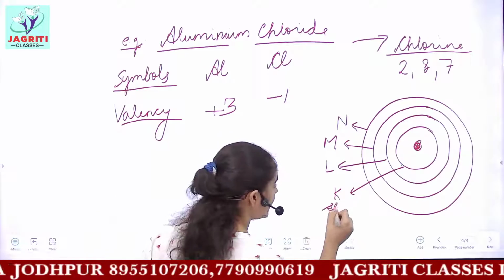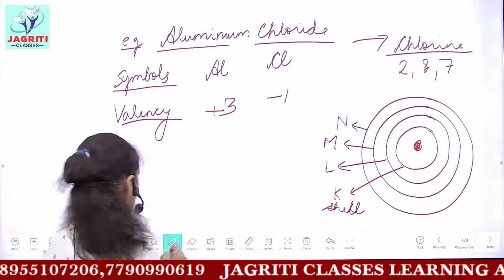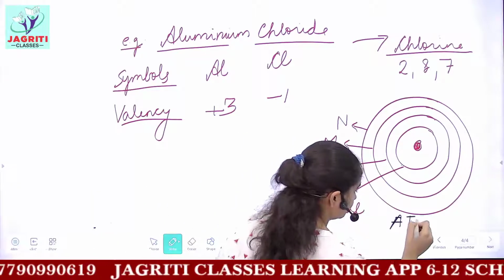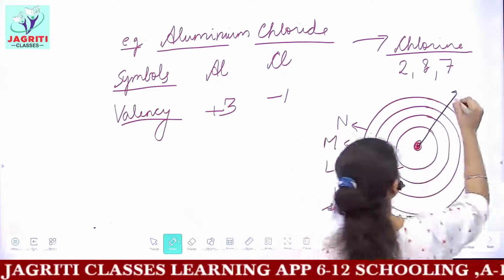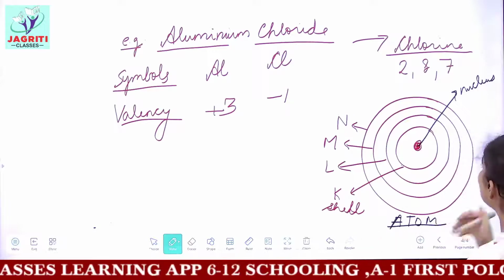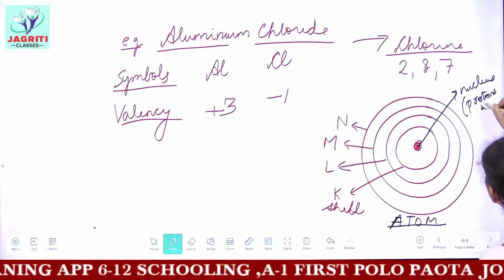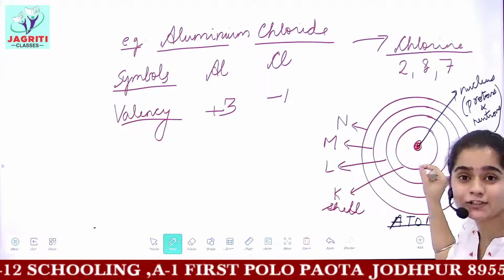These are the shells in which the electrons revolve. This is basically the structure of an atom. This is the nucleus of the atom, and in this nucleus we have protons and neutrons.